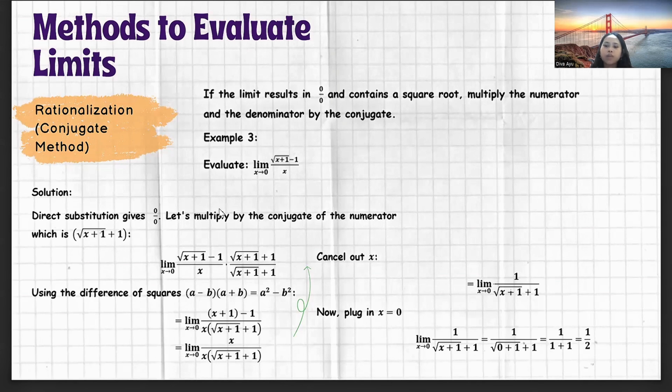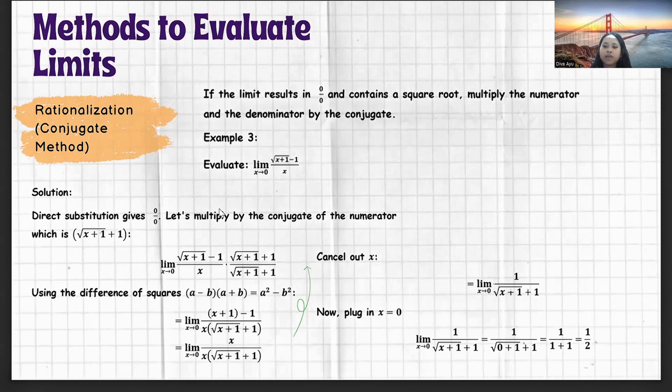To solve this problem, we multiply both the numerator and denominator by the conjugate of the expression. The conjugate changes the sign between two terms. For example, the conjugate of square root of x plus 1 minus 2 is square root of x plus 1 plus 2.